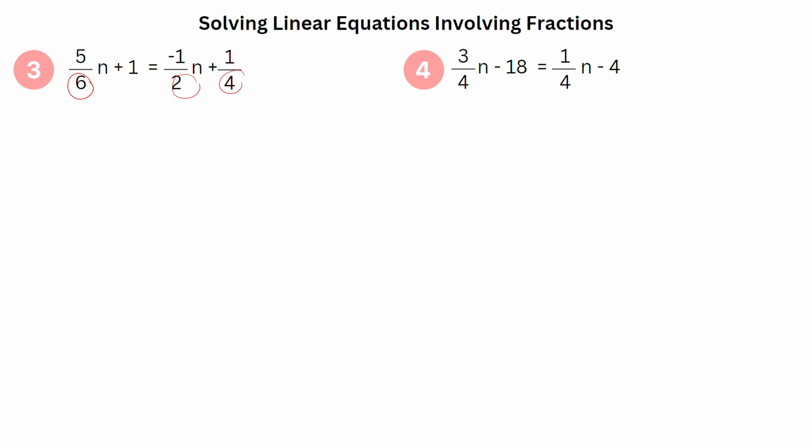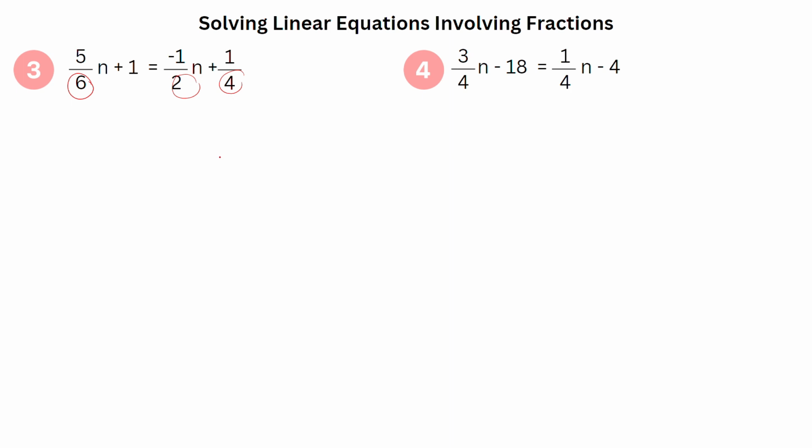So let's continue. We have here 5 over 6n plus 1 equals negative 1 over 2n plus 4. Our denominators are 6, 2, and 4. Okay, what is the LCM of 6, 2, and 4?